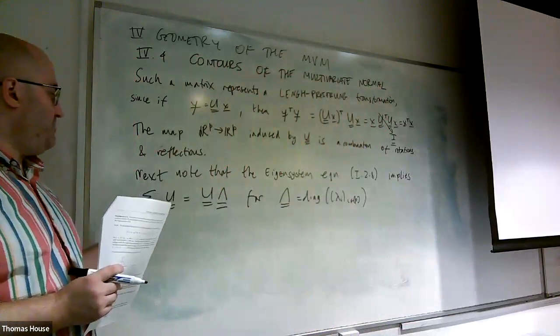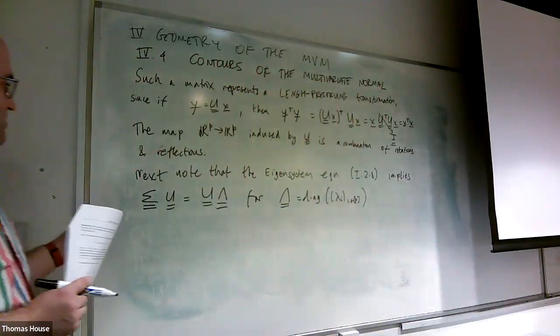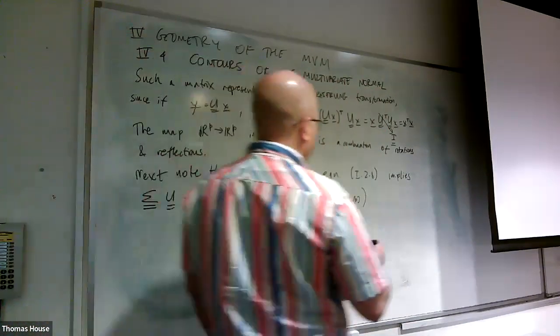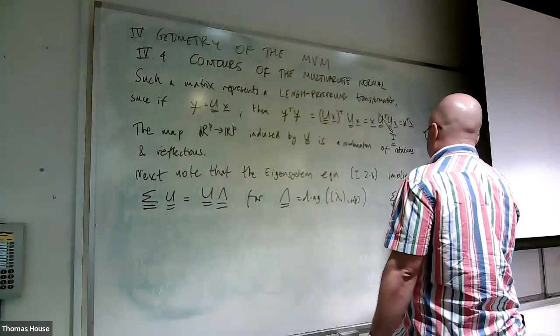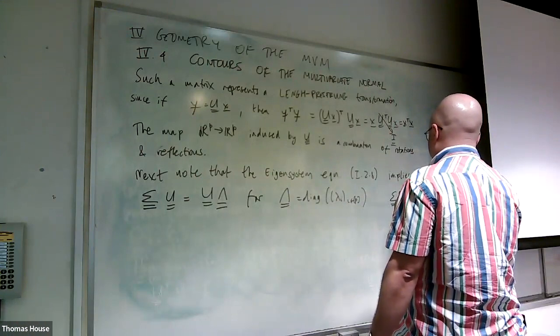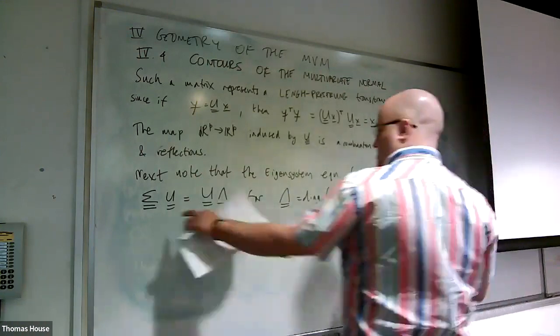So that's just, if you think about the way that this works, sigma acting on each of the columns, the v1, v2, and so on. Yeah, that's what sigma U is.